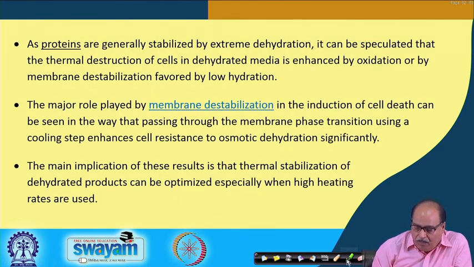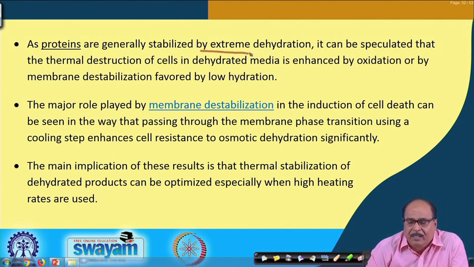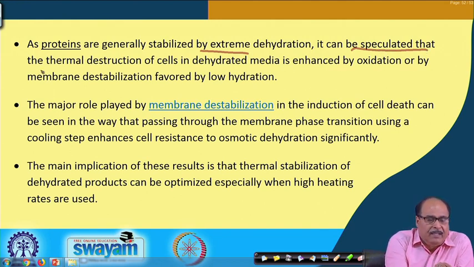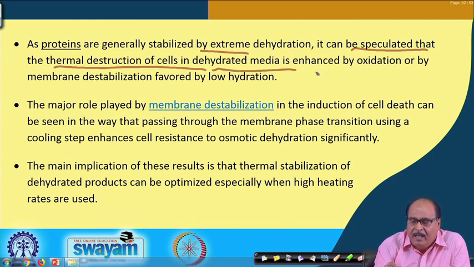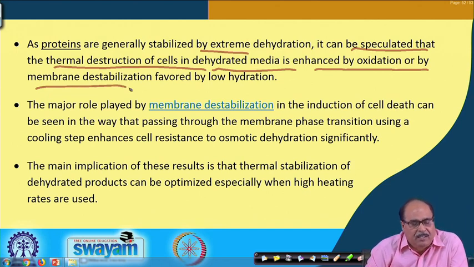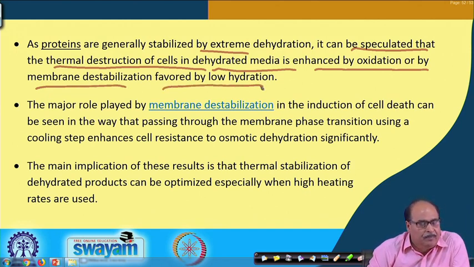As proteins are generally stabilized by extreme dehydration, it can be speculated that the thermal destruction of cells in dehydrated media is enhanced by oxidation or by membrane destabilization favored by low hydration.